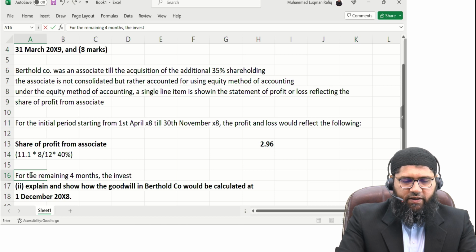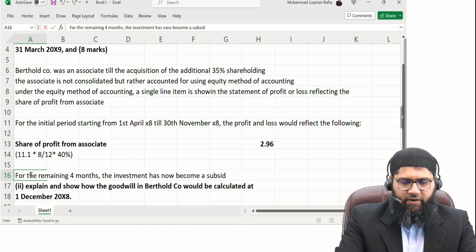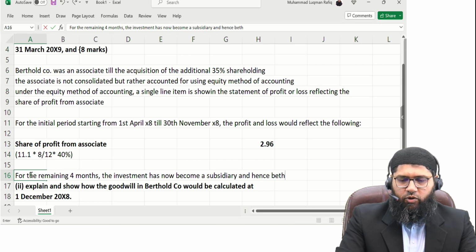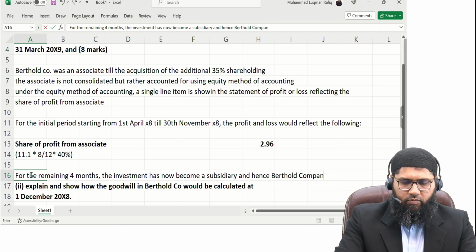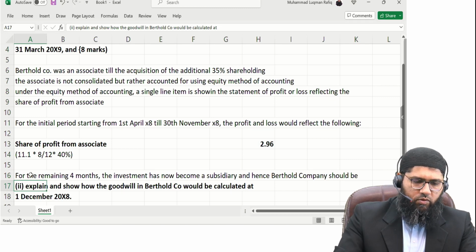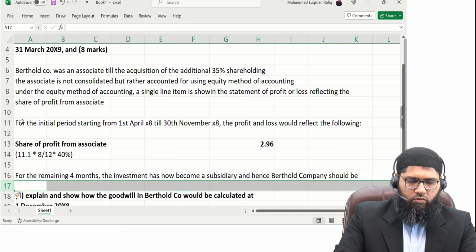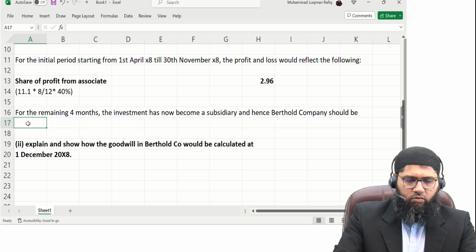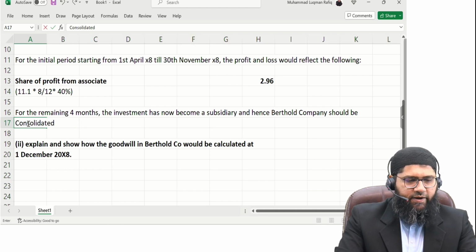the investment has now become a subsidiary, and hence Birdhold Company should be consolidated.